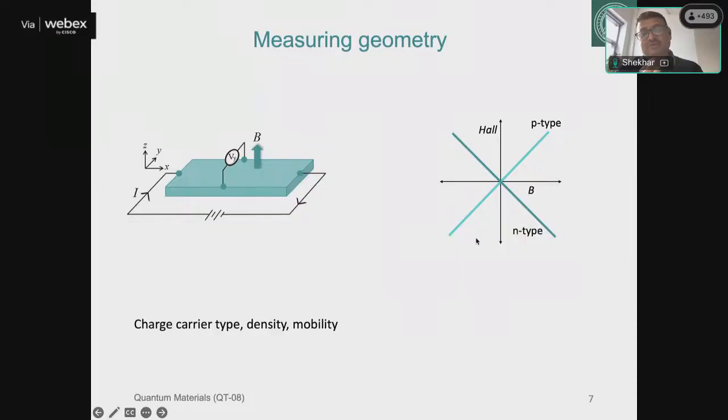That gives you the type of charge carrier, the mobility, and also the charge carrier density. So measuring the Hall effect is a very good tool to quantify the charge carrier and the mobility inside the material.